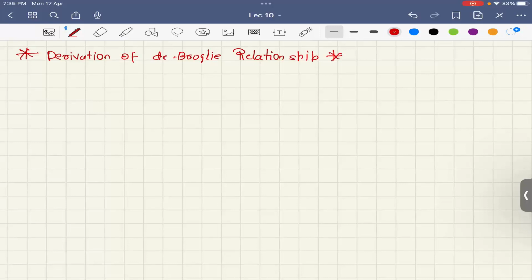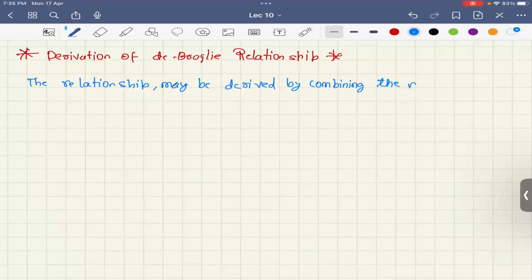The relationship may be derived by combining the mass energy relationship proposed by Max Planck and Einstein, right?